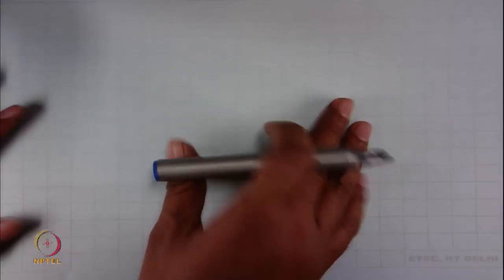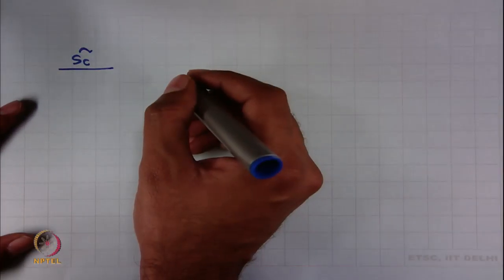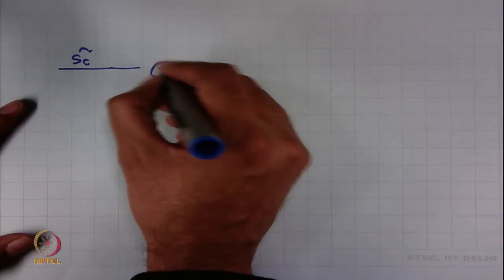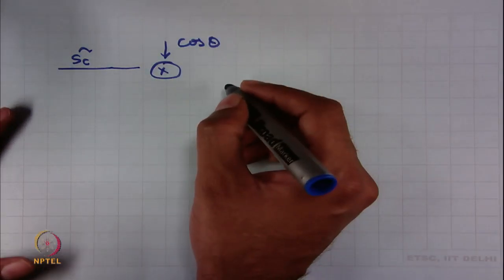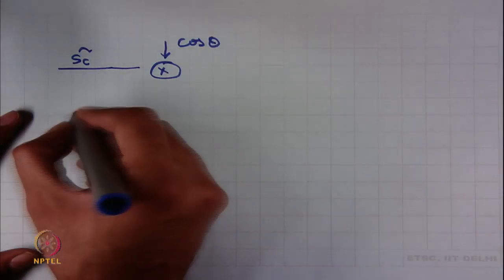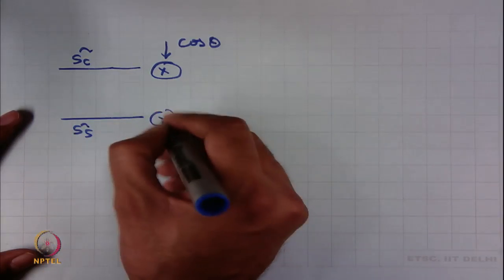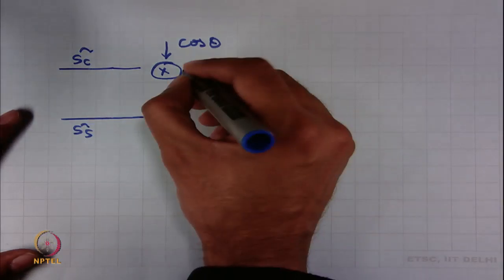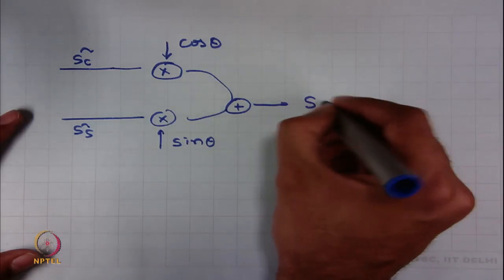So, you take SC tilde, whatever you are receiving, you multiply this SC tilde with cos theta, and you take SS tilde, you multiply this with sin theta, you add these two things up, what you get is SC.